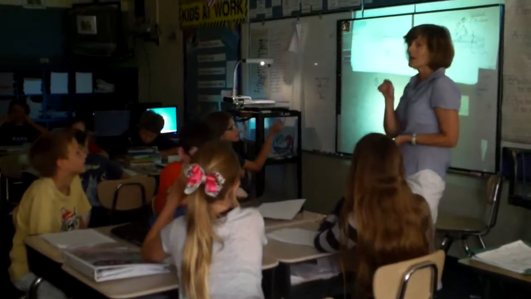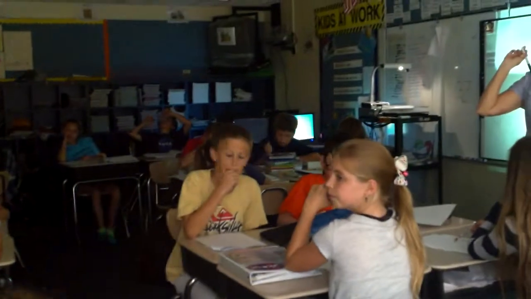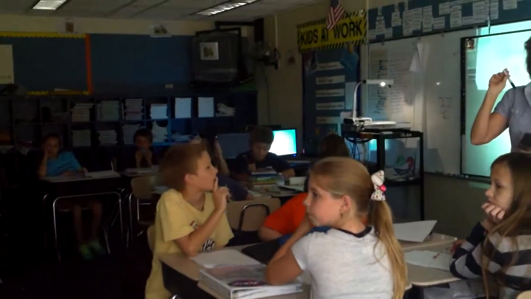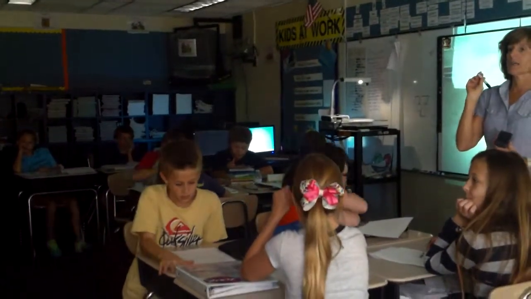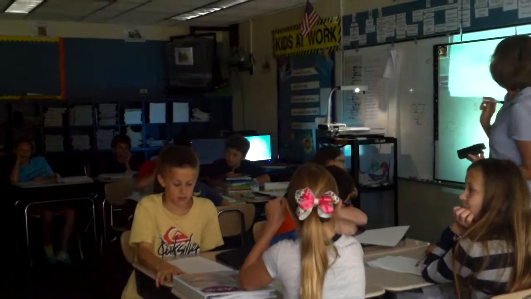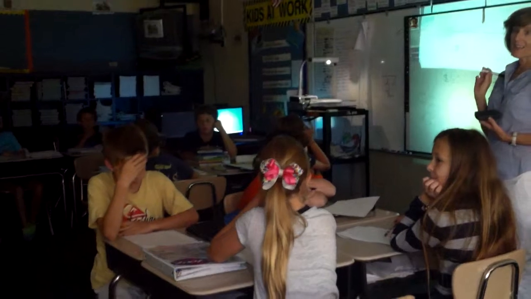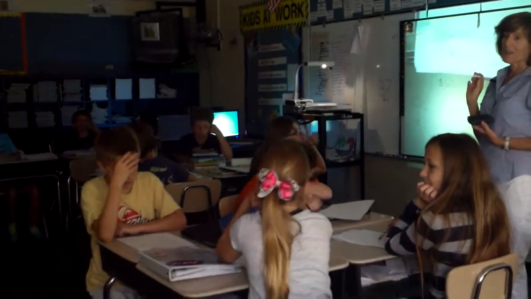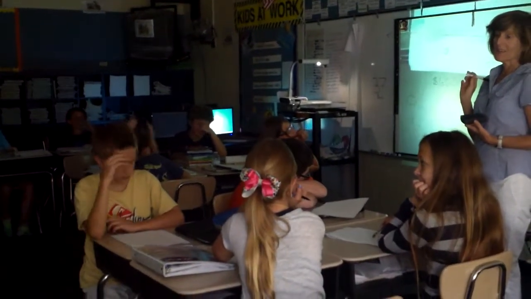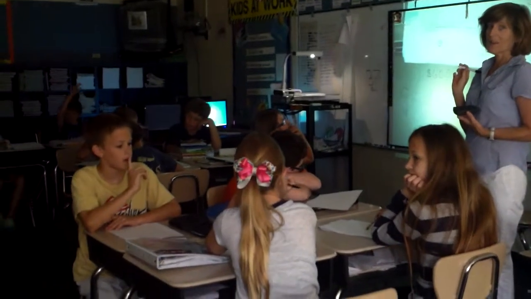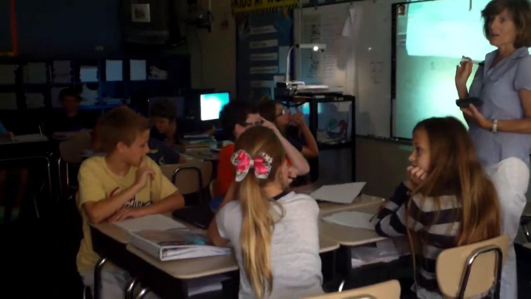Not quite, but you're close. She doesn't have enough to afford the iPad because 10% of 800 is 80, and 80 plus 80 is 160, and 800 minus 160 would be 640, so she needs $40 more.